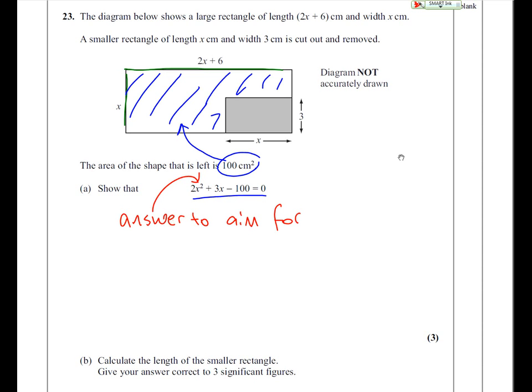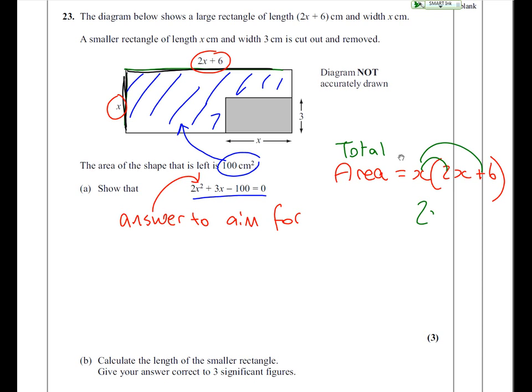So let's just pretend that we want to find the area. Okay, so to get the area, we would do the height times the width. Okay, so x times by 2x plus 6. We need to keep it all together. So that would be the total area before we took anything away. Let's times out and we get 2x squared plus 6x.